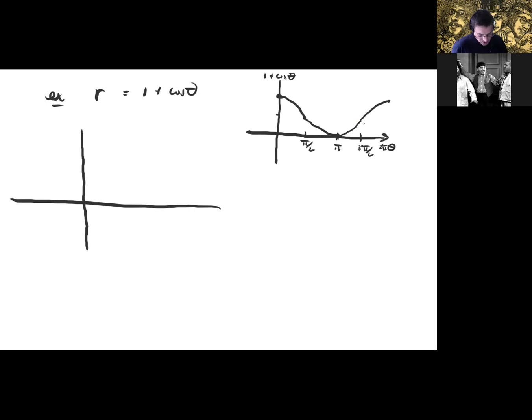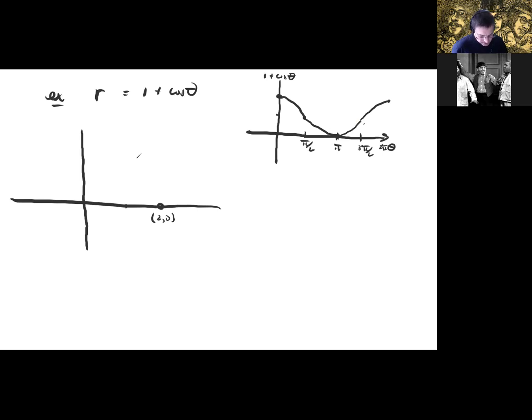So the initial point here is 2 comma 0 in the polar plane. Okay, so that's the point 2 comma 0 in the polar plane. As theta is getting larger, between 0 and pi over 2, the value of r is decreasing.